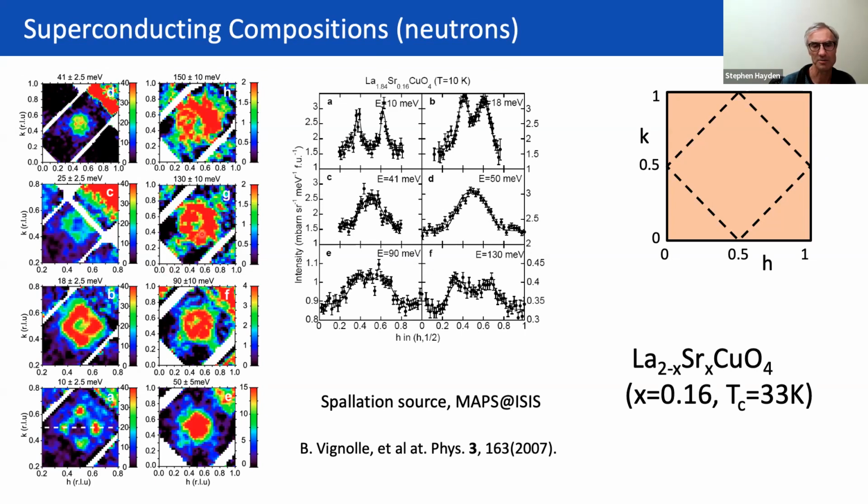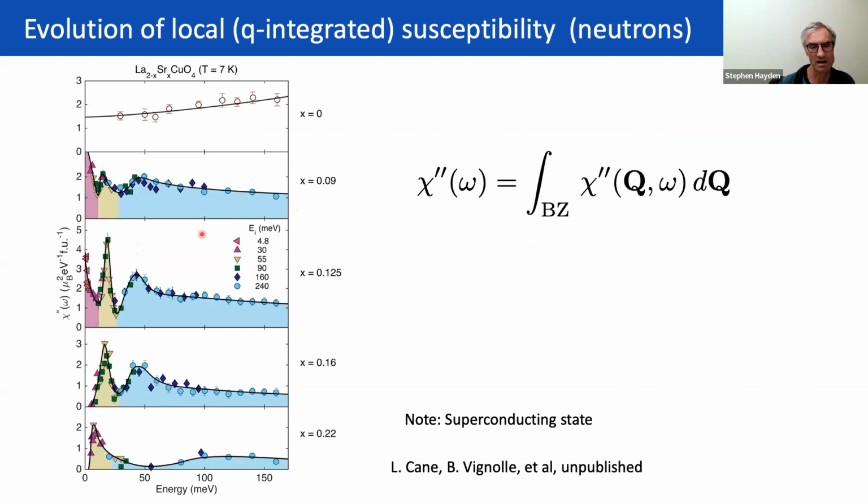Okay, so we have a good picture of the whole of the scattering at higher energies. One thing one can do with neutrons is to integrate everything up over the whole Brillouin zone, just to get a bigger picture of what's happening.